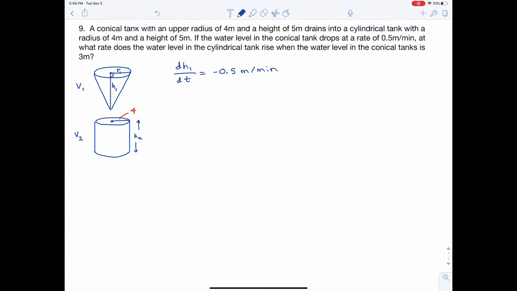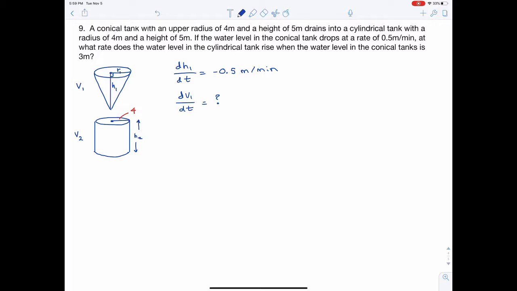So in order to find the rate of change of the height of the cylindrical tank, I'm going to need to know the rate of change of its volume. So there's two problems here. Problem number 1: what is dV/dt for the conical tank? Let's start with problem number 1, because problem number 2 will be dealing with the cylindrical tank.